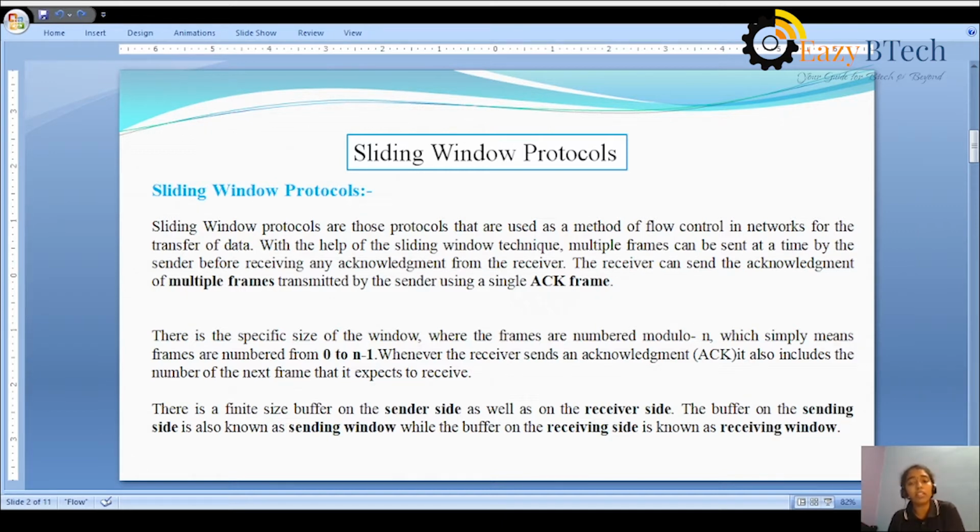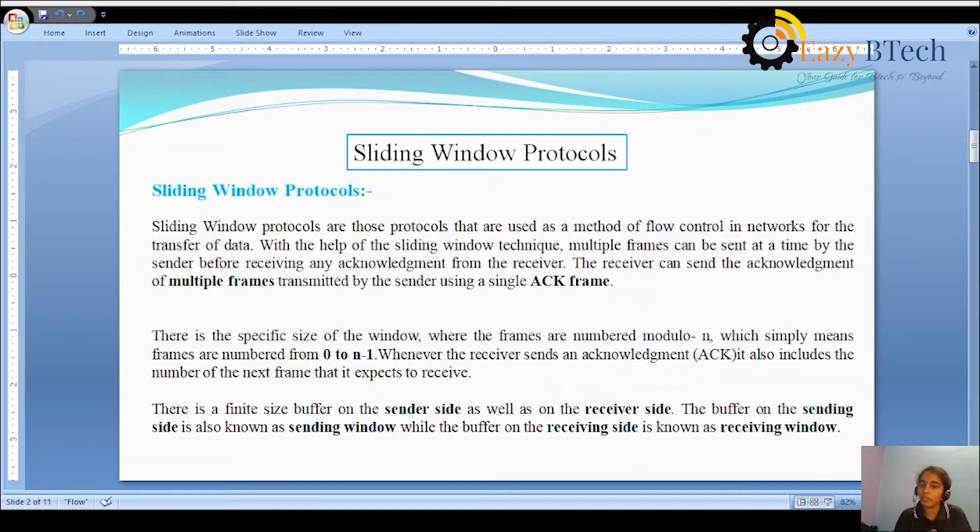Whenever the receiver sends an acknowledgement, it also includes the number of the next frame. The window will contain n bits and the frames are numbered 0 to n minus 1.